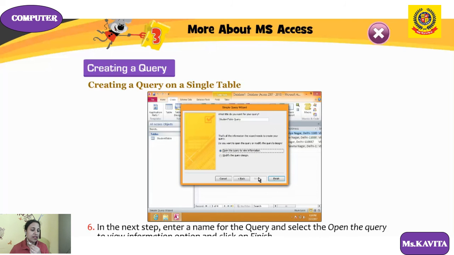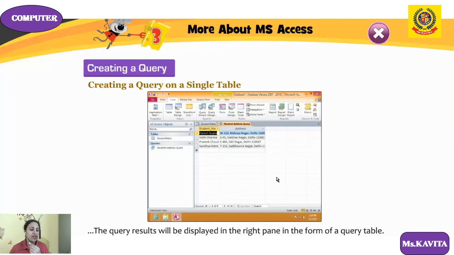In the next step, enter a name for the query and select the option Open the query to view information, then click on Finish. The query result will be displayed in the right pane in the form of a query table.